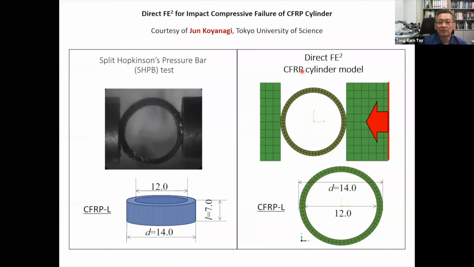So this is the finite element model, and he applied the FE square method to the ring at the part where it breaks. You can imagine that as soon as this is undergoing a horizontal impact, this ring will break here.